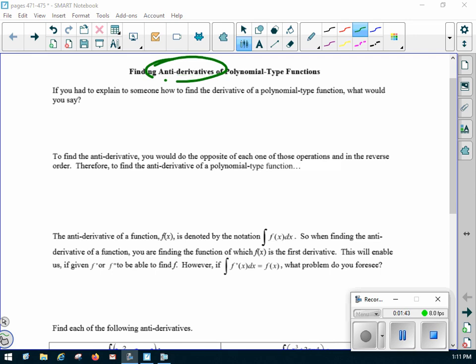You're going to pretend that your partner has not learned how to find a derivative yet. You are going to explain to your partner how to find the derivative of x cubed. Explain it in words. How do you find the derivative of x cubed?